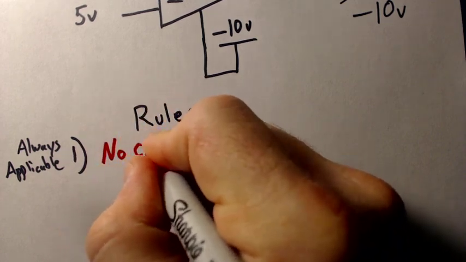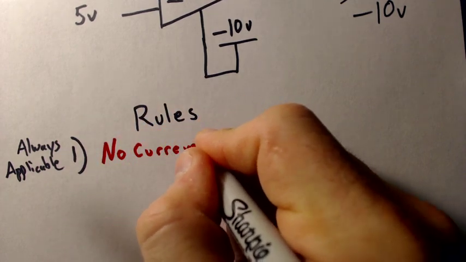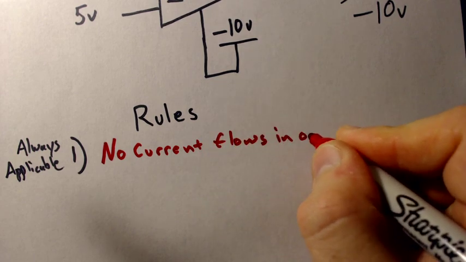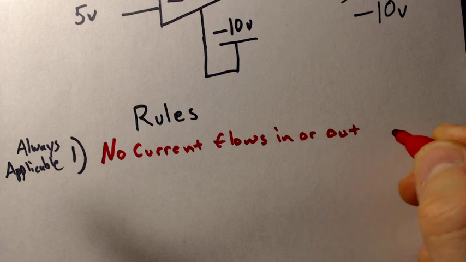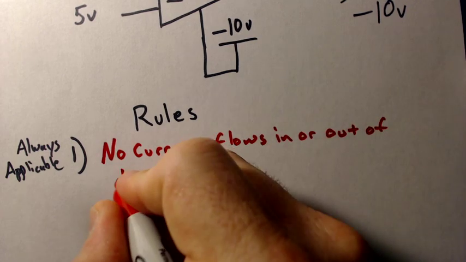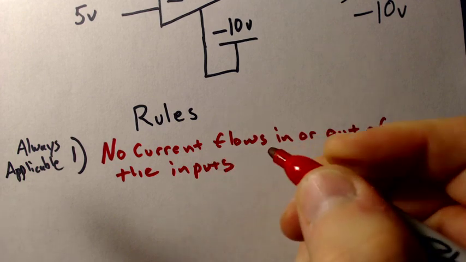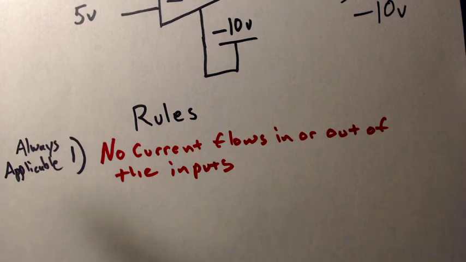No current flows in or out of the inputs. Okay, no current flows in or out of the inputs. 0 amps in or out of our inputs.